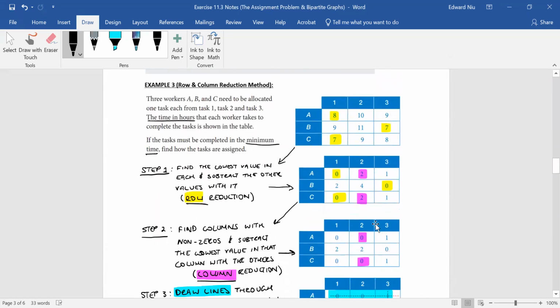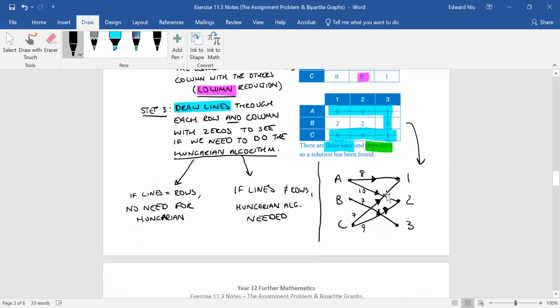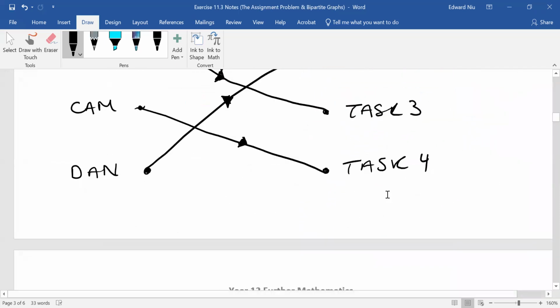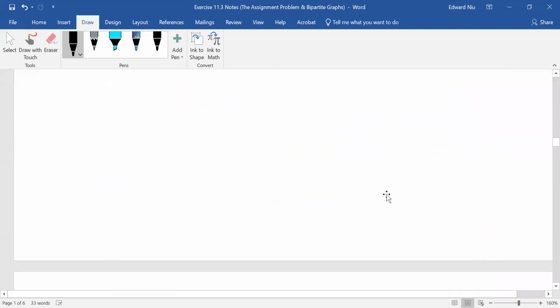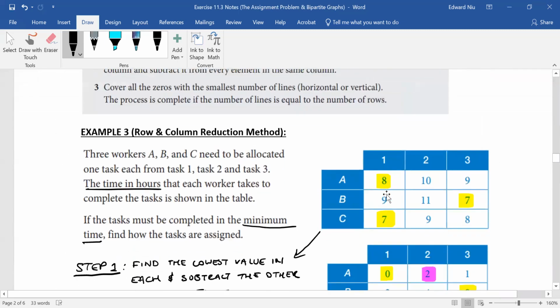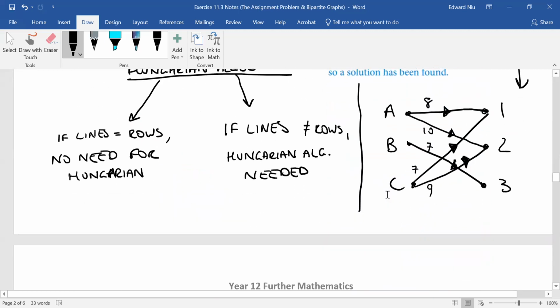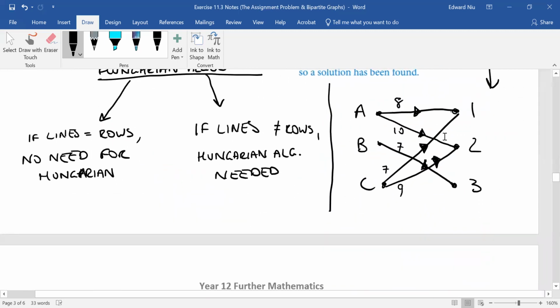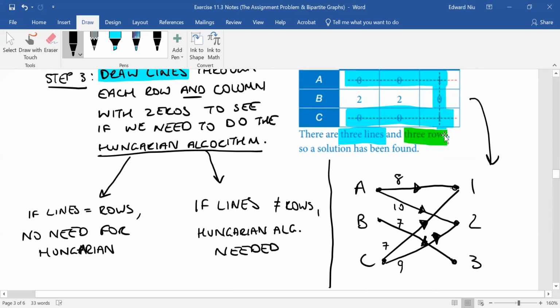Okay. So now that we've got literally the bipartite graph drawn in full. Here it is. So now that we've got everything drawn in full, we want to rub out the inefficient ones. For example, A can do jobs 1 and 2, but is most efficient in job 1.